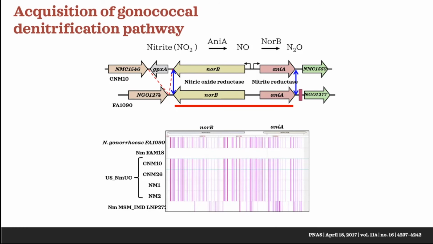In fact, in the entire norB aniA region, gonococcal sequence had replaced the meningococcal sequence in these clade isolates and were distinct from the background, in this case FAM18 strain, and also a urethritis isolate associated with the outbreak in France.